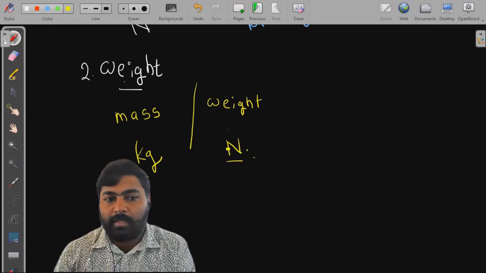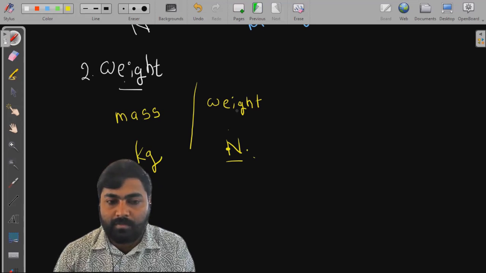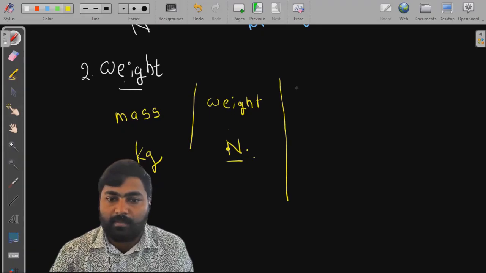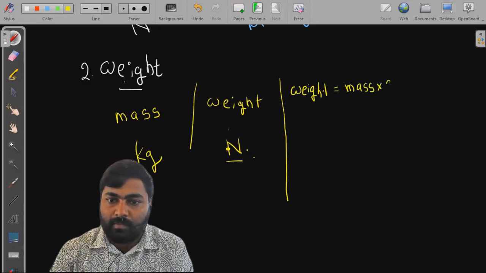If you multiply mass by gravitational acceleration, it is equal to the weight, the gravitational pull towards the Earth. I can write it like this: weight equals mass into gravitational acceleration.